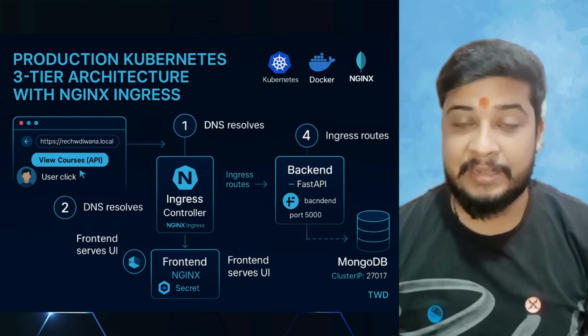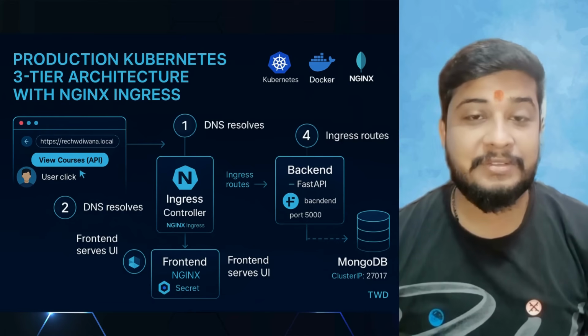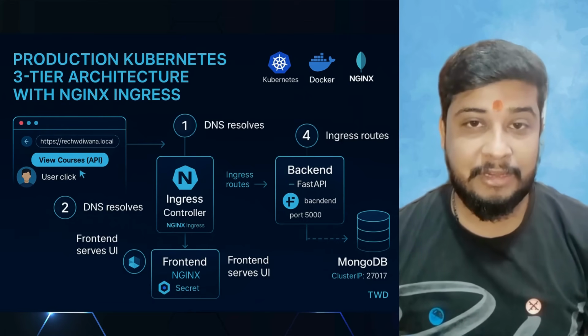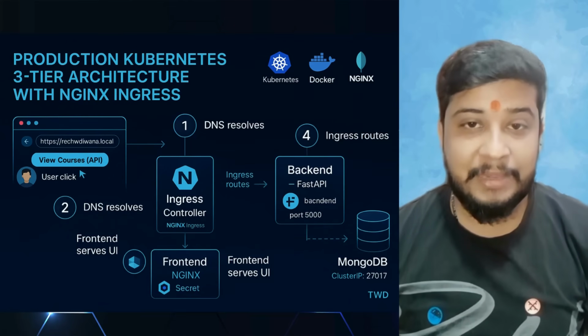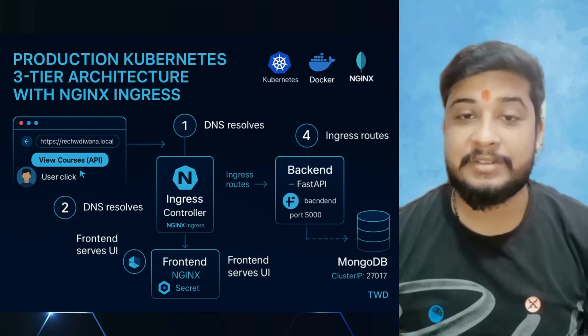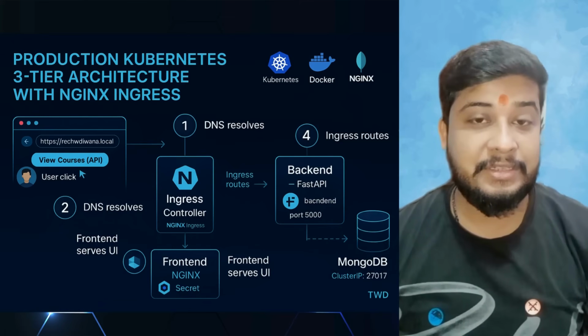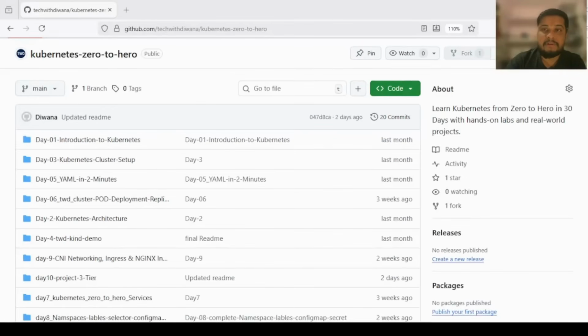The front end serves the UI and the backend processes the API logic. The backend also connects to MongoDB using the internal connection string, and the final response goes back to the user. Here NGINX Ingress acts as a reverse proxy, routing traffic to different services using a single hostname.